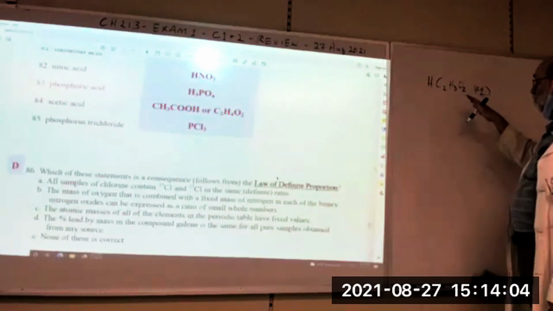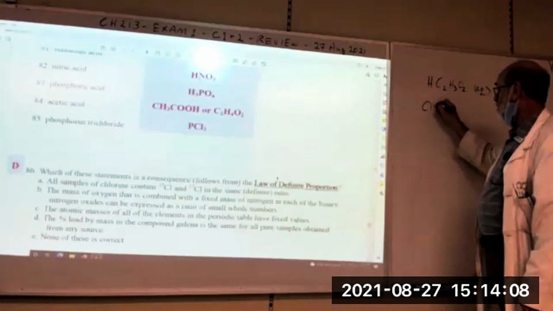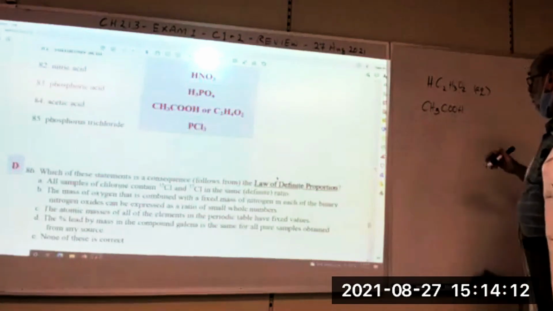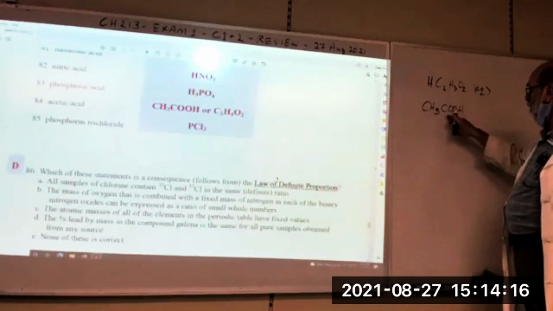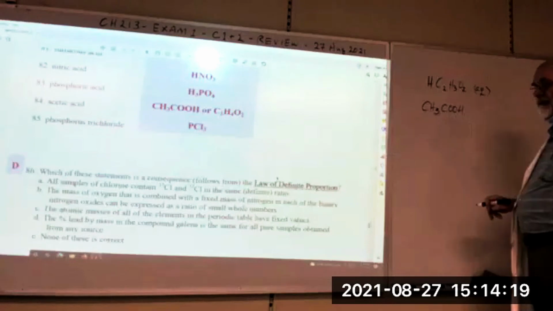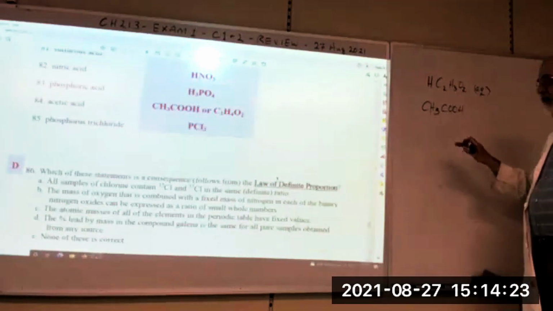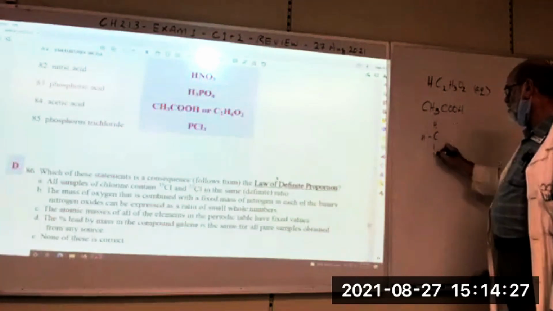You can write it that way, or this is the way I learned it. It's the same formula, right? 4 hydrogens, 2 carbons, 2 oxygens. This gives you a little bit more information about its structure, because it's going to look like this with hydrogens here, right?